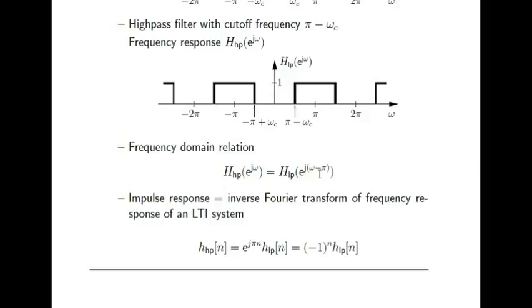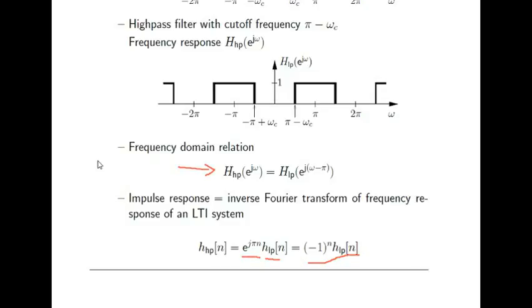As you can see here, if you take the inverse Fourier transform of this equation, by the frequency shifting property it will be h HP of n equals e to the power j pi n into h LP of n, and the value of e to the power j pi n is minus 1 to the power n. So this was the relation between the high pass and low pass filter in the discrete time domain.